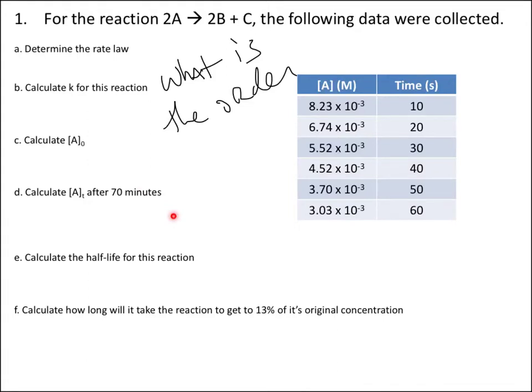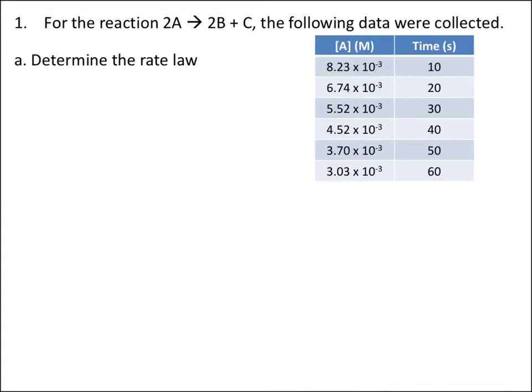Make sure you've got your calculator out. To determine the rate law, I've got to figure out the order of the reaction with respect to A. Since I'm looking at concentration versus time, I know that if the concentration of A versus time is a straight line, it is zero order.